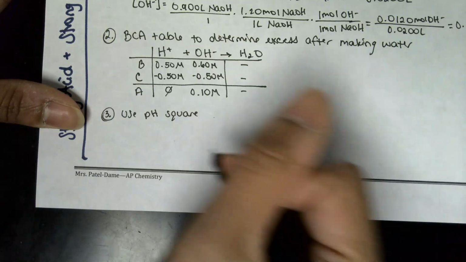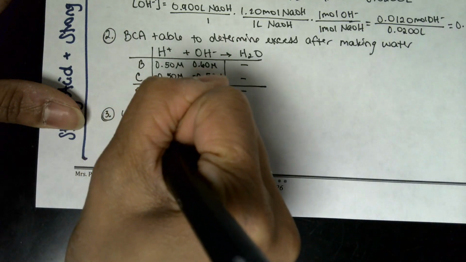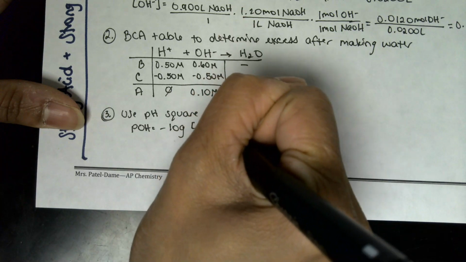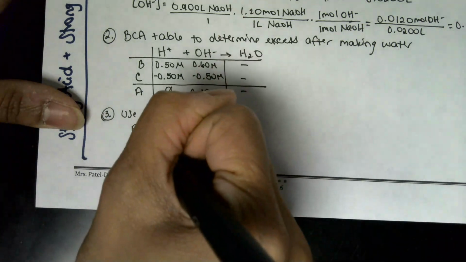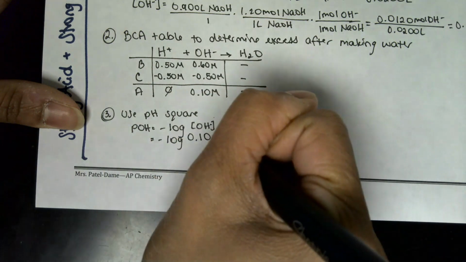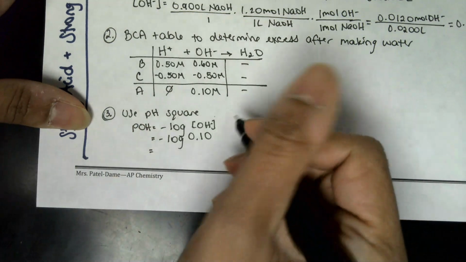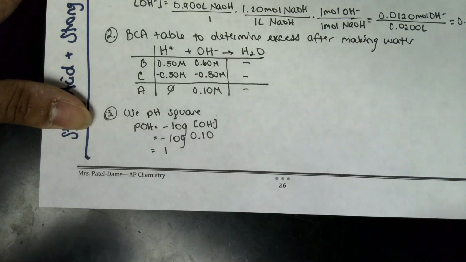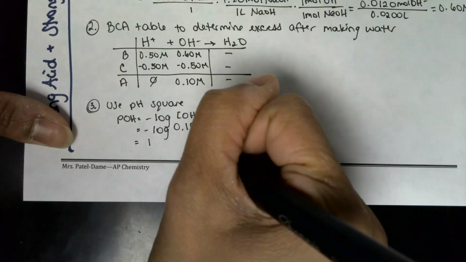I just feel like doing pOH is equal to the negative log of your OH concentration. So my pOH is equal to the negative log of 0.10 molar. And when I get that, that should be a pOH of 1, my bad. So that's my pOH.